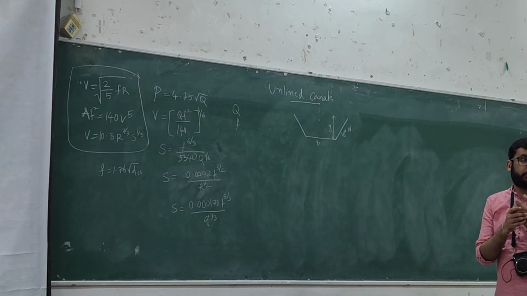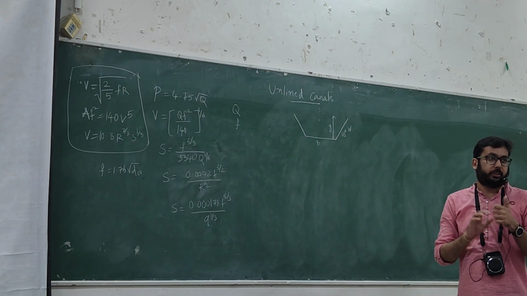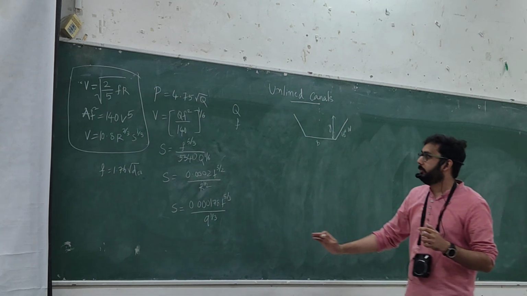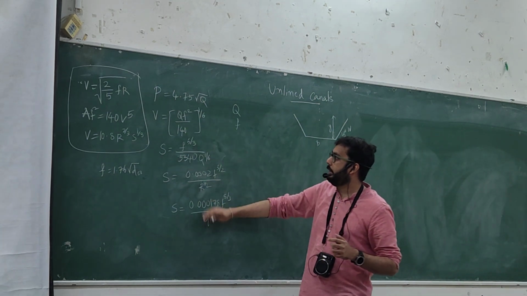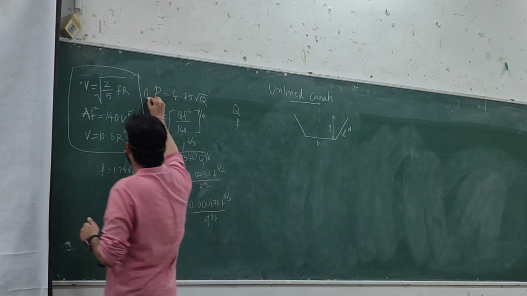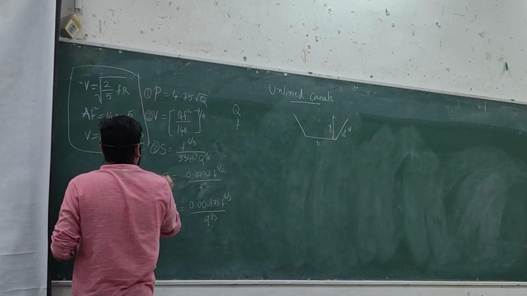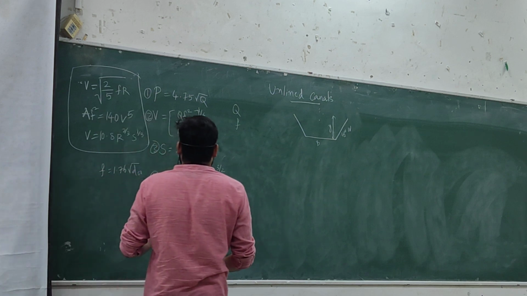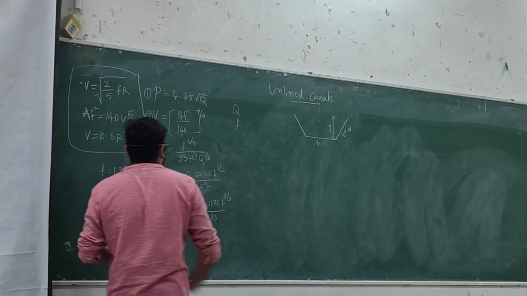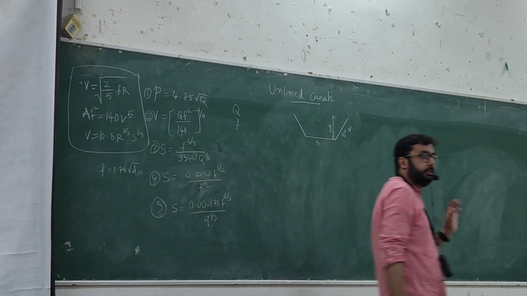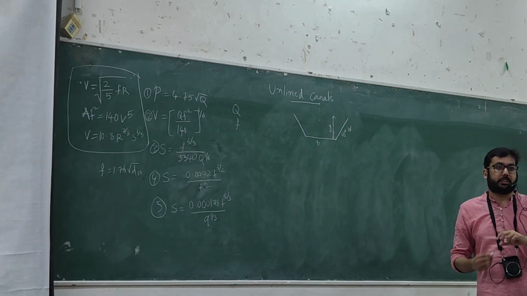So where do we start? So we have equations, let's number them, 1, 2, 3, 4, 5. So we have 5 equations. So which one do we pick first?